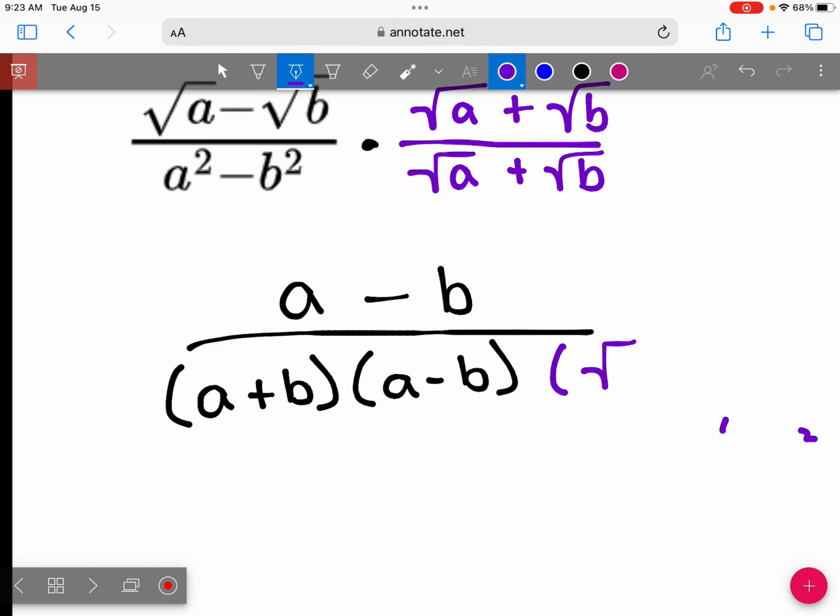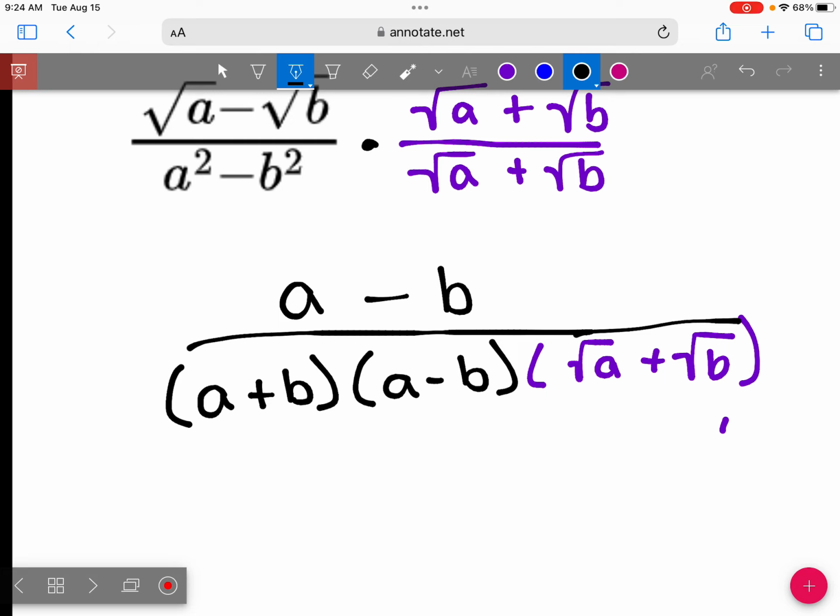Square root of a plus square root of b. Bunch of pieces there. You okay on that? Make sure we see how we got from here to here.